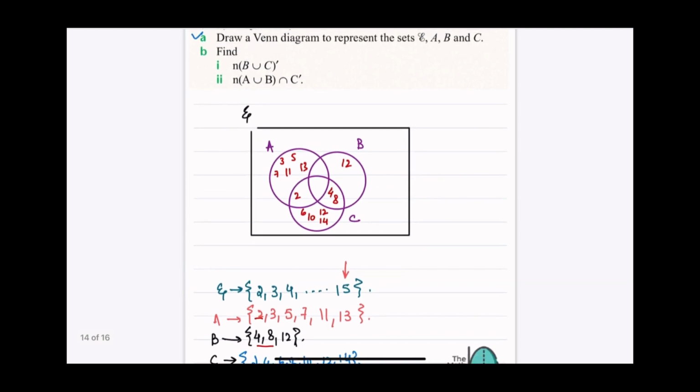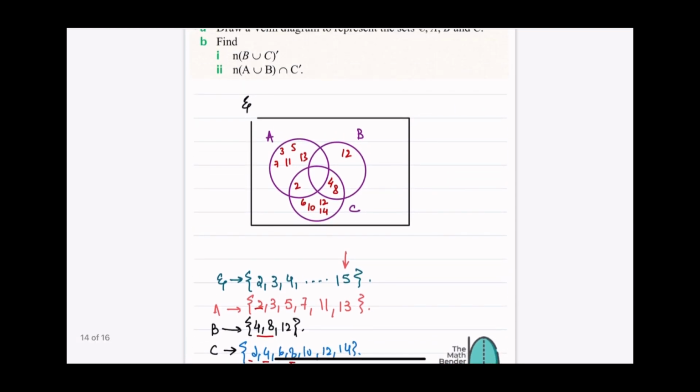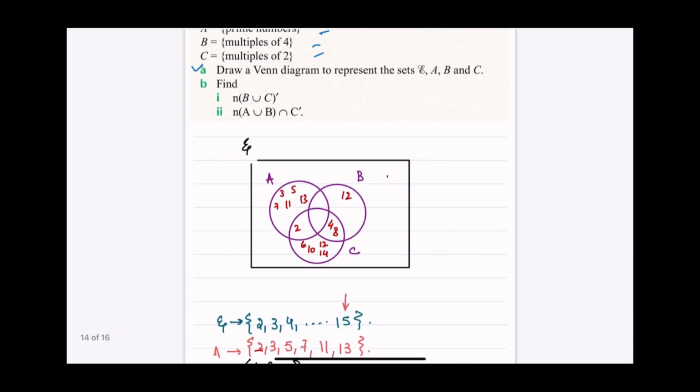Now, the remaining: 2 is there, 3 is there, 4, 5 which is in A, 6, 7, 8. 9 is nowhere, so I'll write 9 outside. And 15 outside as well.